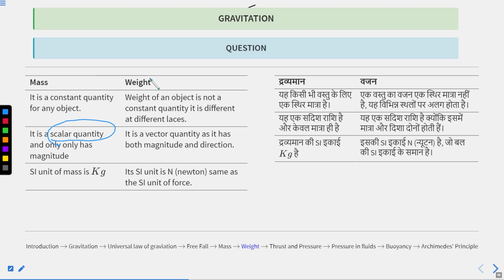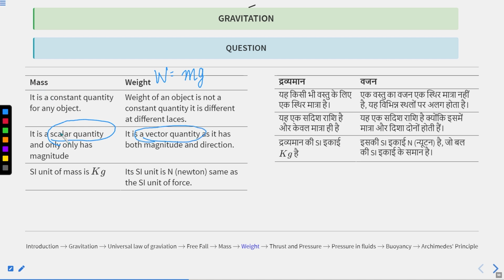And weight, because weight consists of the product of mass and gravitational acceleration, and gravitational acceleration has magnitude as well as direction, so weight also has both magnitude as well as direction, and those quantities which have magnitude as well as direction are known as vector quantities.